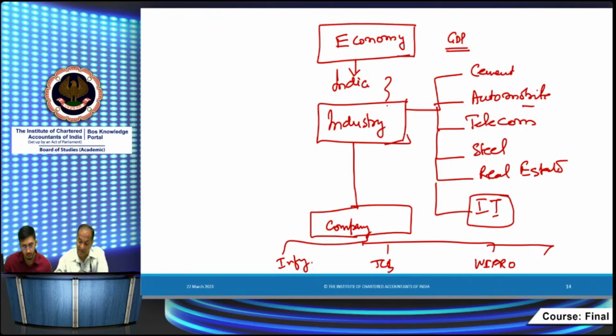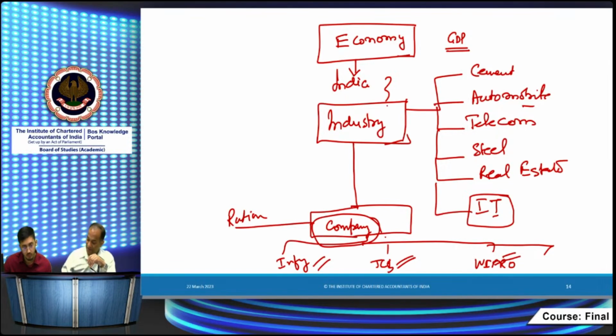Now they will ask in which company we should invest. For company analysis, they can use ratio analysis, fund flow and cash flow analysis, etc. So this is called EIC analysis, and it is covered in fundamental analysis. This is a theoretical kind of topic.